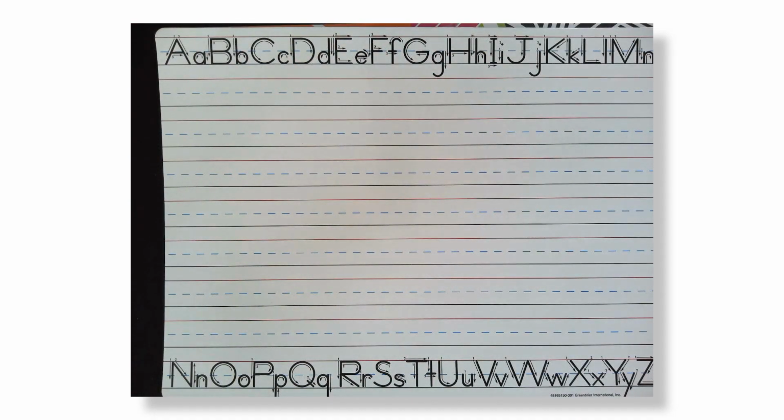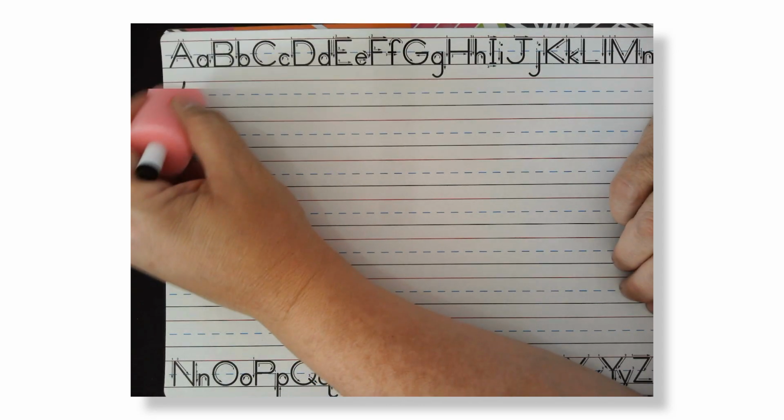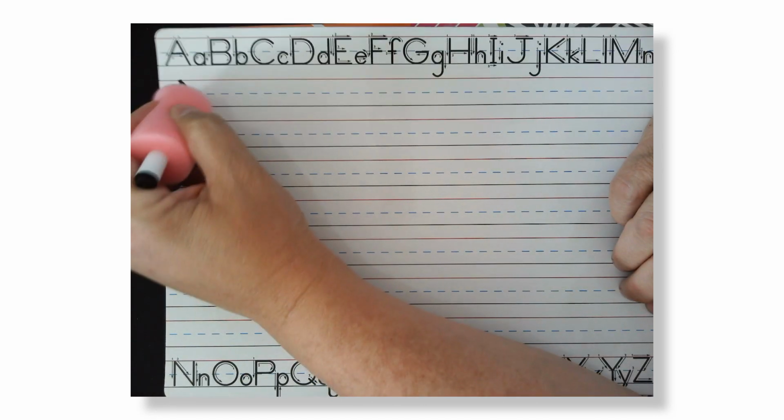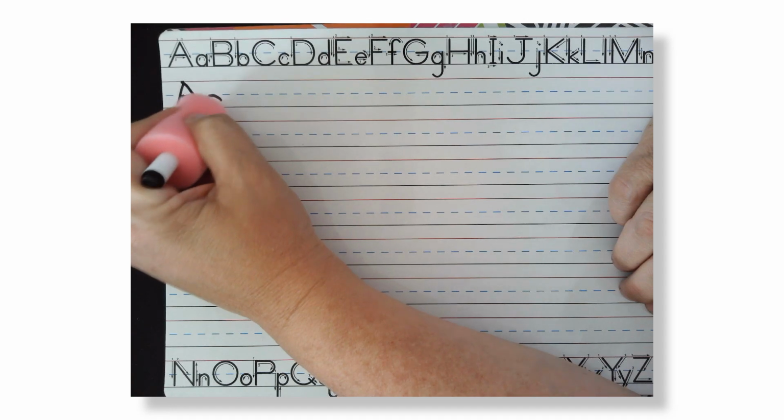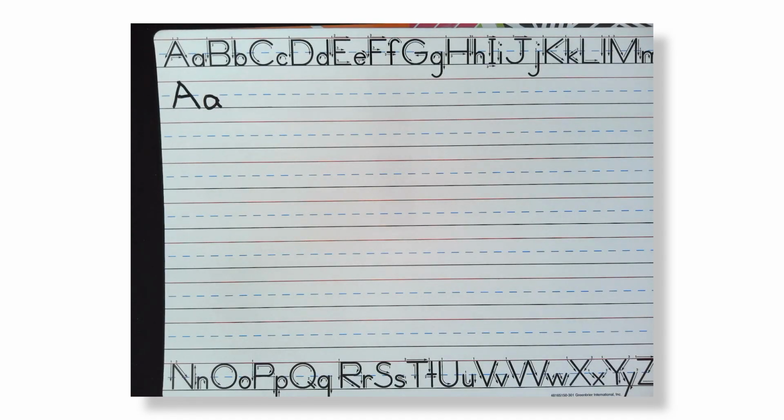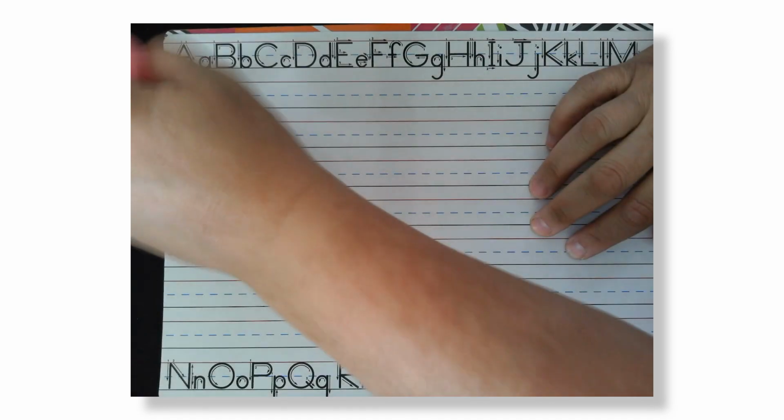Now this is your standard wipe-off board with 2 lines and a dotted line. I purchased this at the dollar store, and it works just like any other wipe-off board. You can erase it.